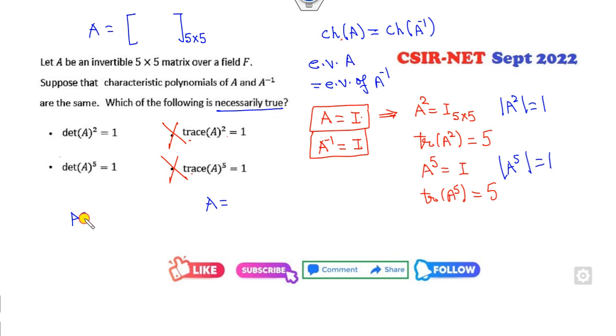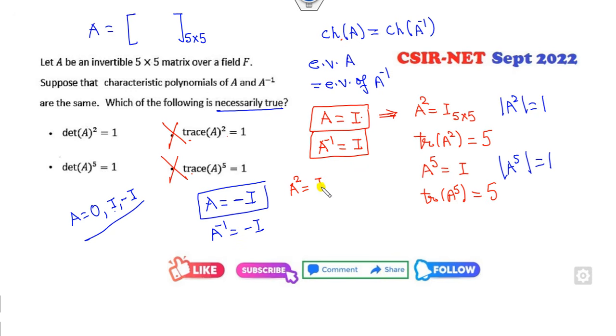Remember, as I told you earlier, you have to take these examples. I have taken one. Now let's see A equal to minus I. Then A inverse is also minus I. Both have the same characteristic equation. What is A square? A square is I. What is A raised to power 5?